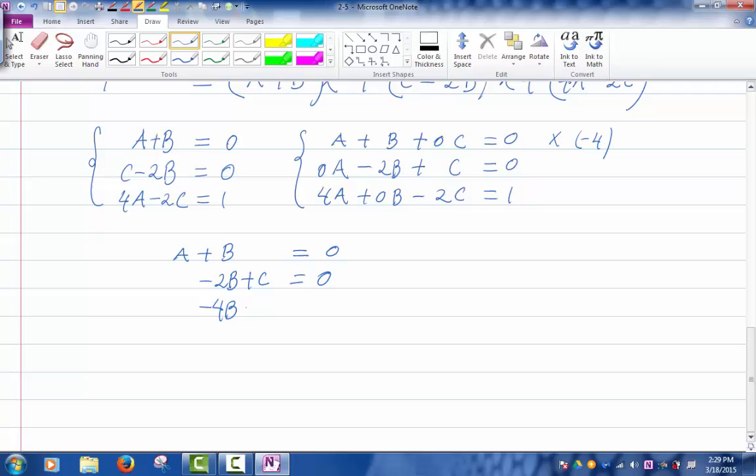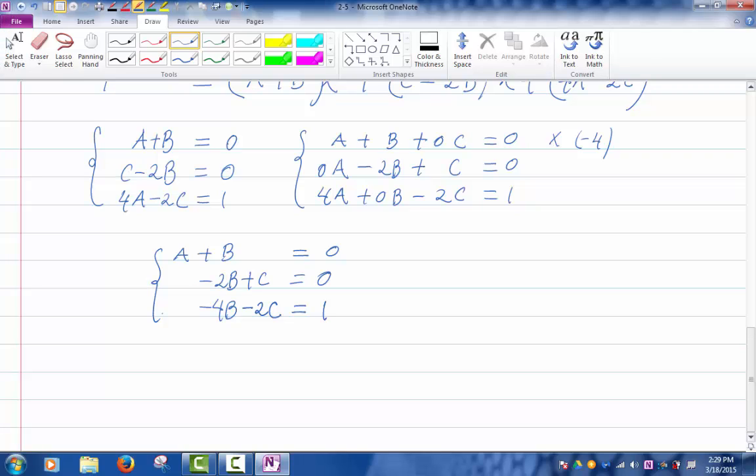Add it to the third row, you get negative 2c still. And the right hand side: negative 4 times 0 is still 0, 0 plus 1 is still 1. So I'm going to get that. Is everybody okay?